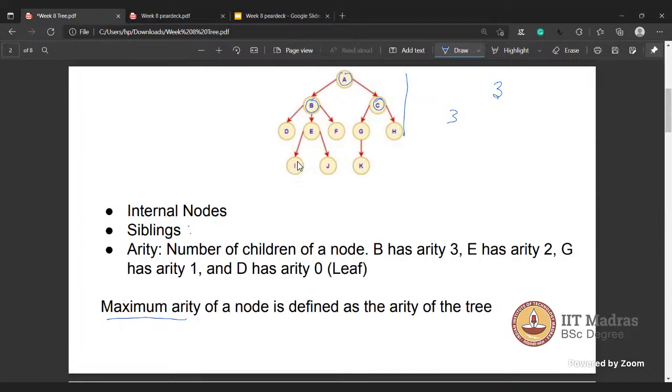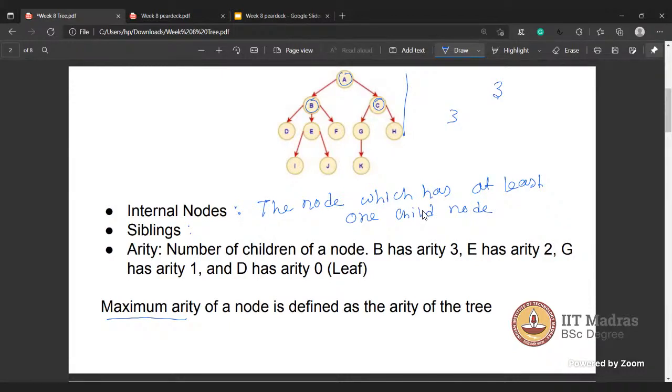Sir, can you repeat the internal nodes? Okay. Internal nodes. The node which has at least one child is called internal.